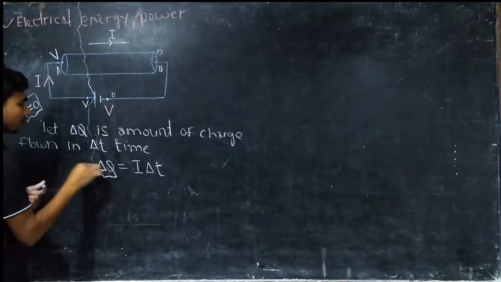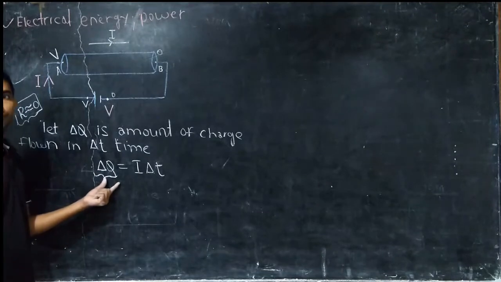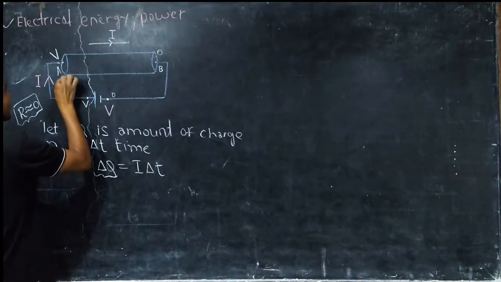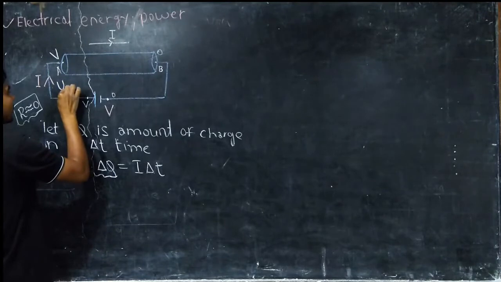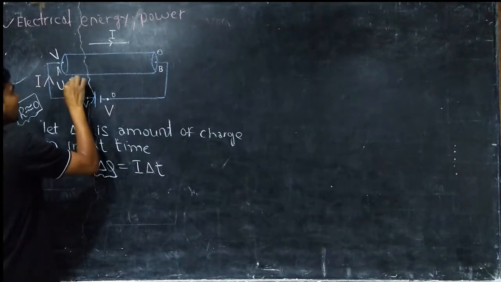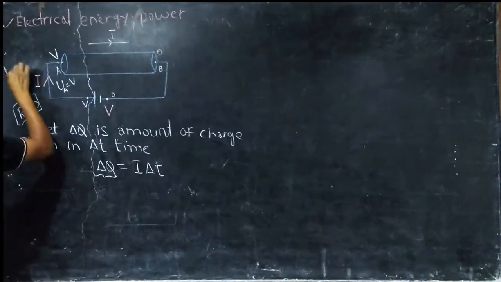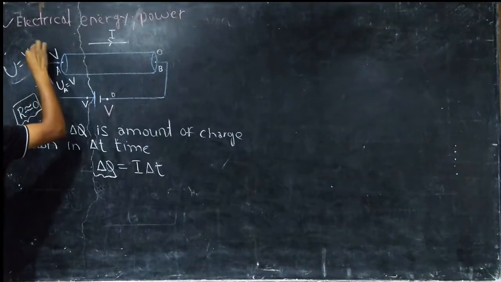Suppose I am going to calculate the energy of this charge, that means the potential energy, right? So the potential energy at A will be what? V into Q. You know V into Q is your potential energy.